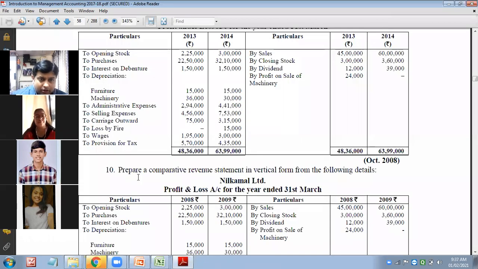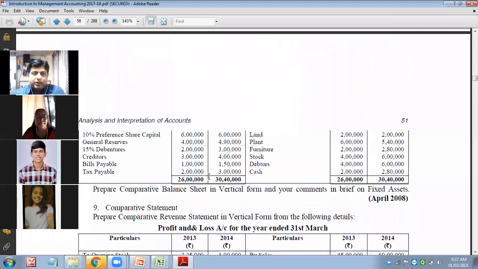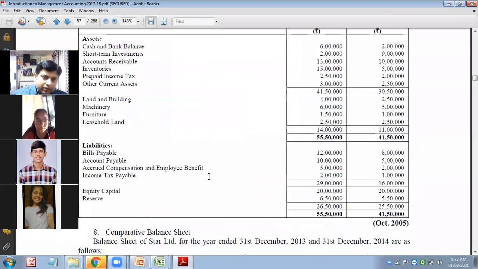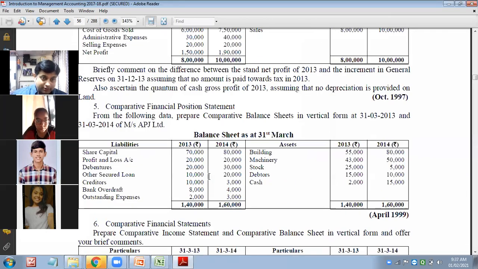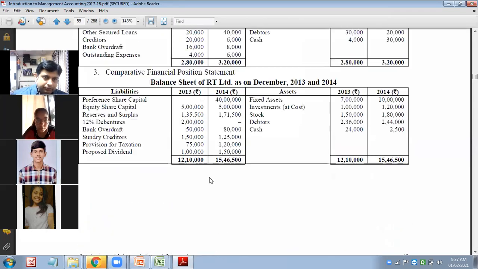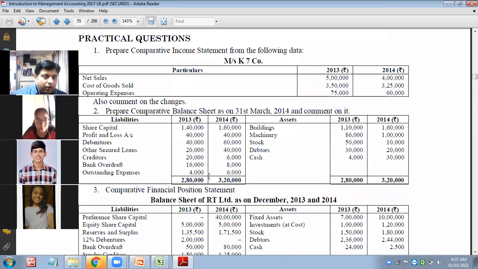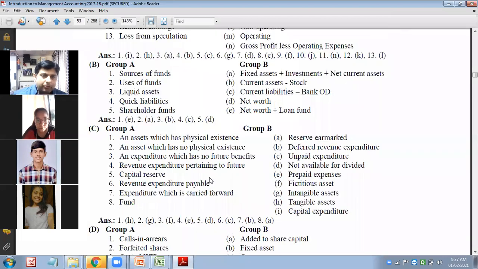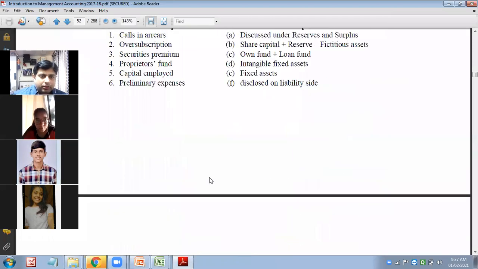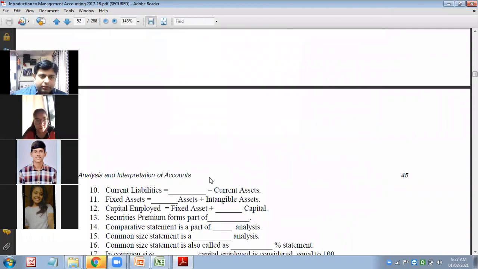Comparative I will teach you next week. This week let us focus on the common size statement only. Okay. One by one we are going to complete the chapters or syllabus.